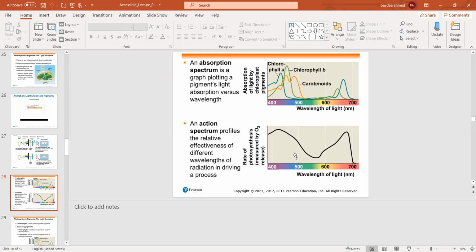This graph plots the rate of photosynthesis versus wavelength. The resulting action spectrum resembles the absorption spectrum for chlorophyll A, but doesn't match exactly. This is partly due to the absorption of light by accessory pigments such as chlorophyll B and carotenoids.